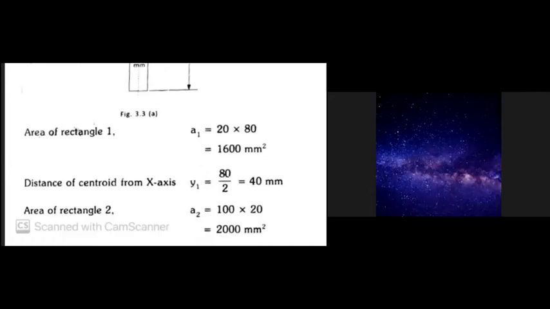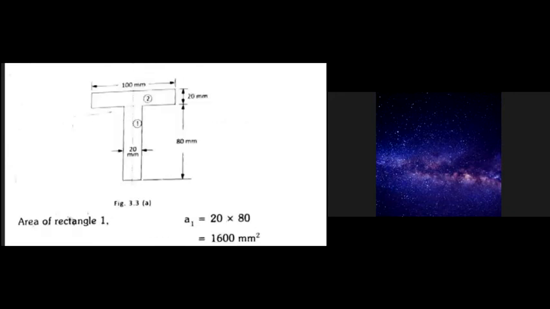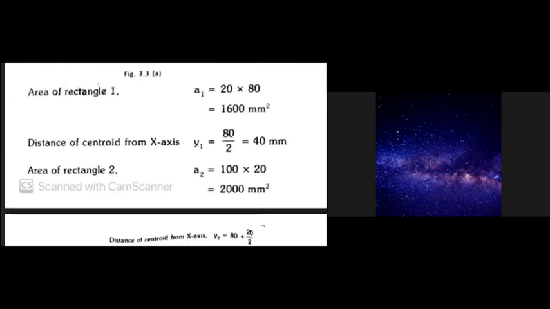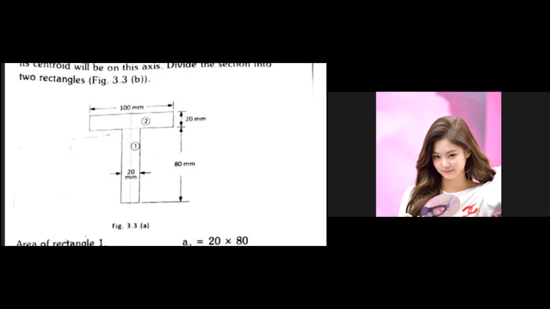Similarly, find part B. The area of rectangle 2, A2, whose dimensions are 100 cross 20, is 100 into 20, that is 2000 mm square. And the distance of the centroid of part 2 from the bottom edge of the composite section: according to the standard formula, the centroid of part 2 from its own bottom edge is half of its height, that is 20 by 2.